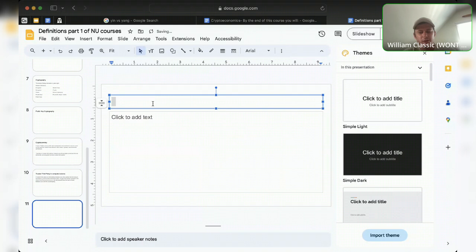And then we're going to get into double spend.